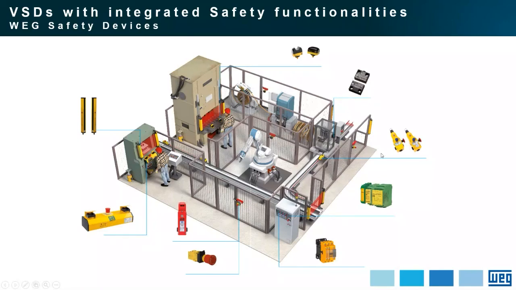We have as well different kinds of safety relays to protect the machine and to have real-time monitoring for different processes. Contactors, especially safety contactor versions, also including all the certifications for safety purposes, emergency push buttons, safety switches, and also some customized solutions that will have all the components installed in one single product.